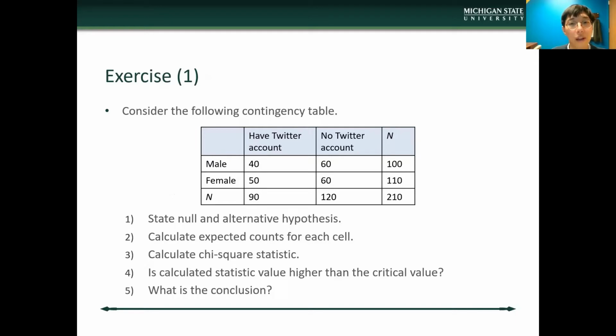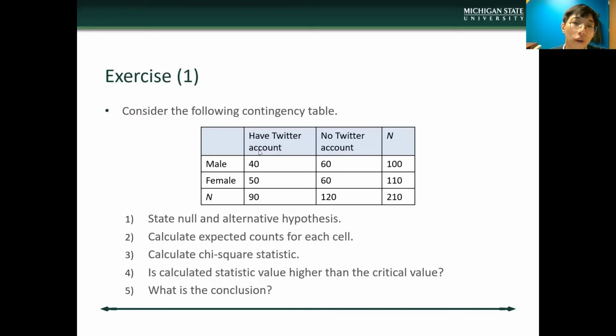So there is a contingency table, and there are 210 adults in the United States. I draw a sample from the population, and there are 210 people in the sample. They're male or female, and I ask, do you have a Twitter account or not?